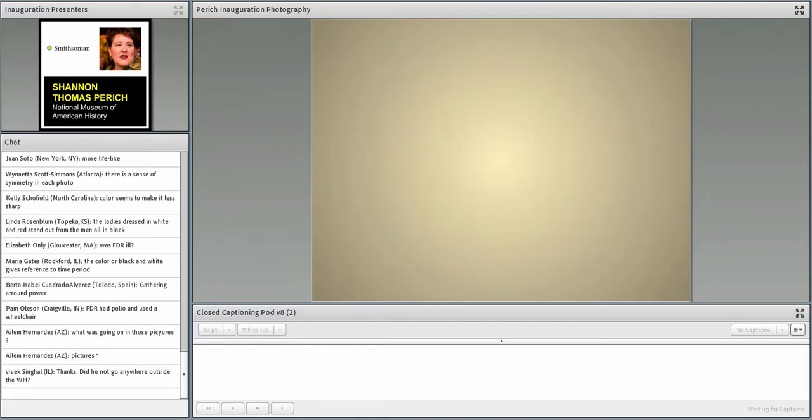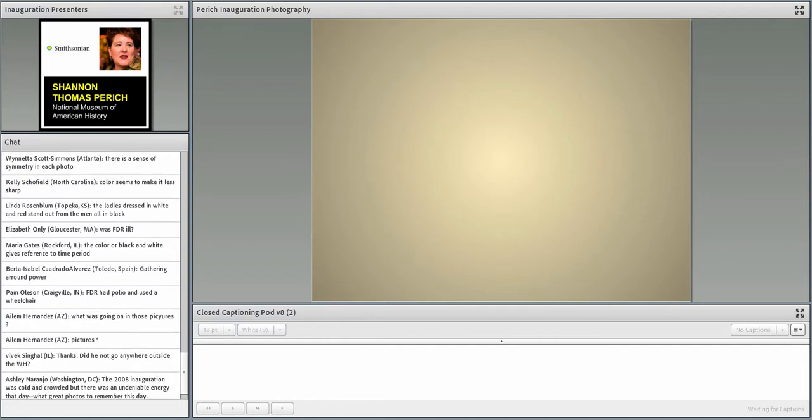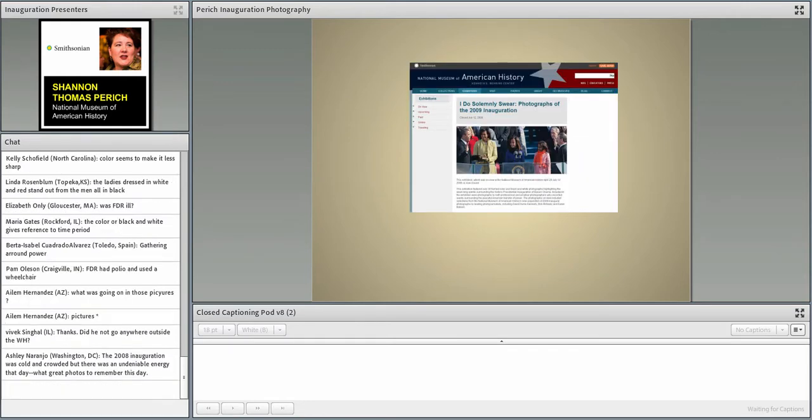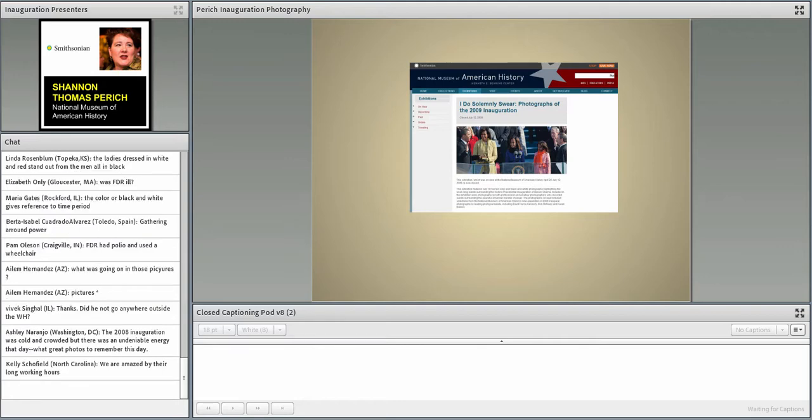So let's look at a third set of photographs and makers of photographs around the inauguration. This would be another set of groups that we represented in this exhibition, I Do Solemnly Swear, photographs of the 2009 inauguration. And we did this because we realized that in 2009 something had happened.